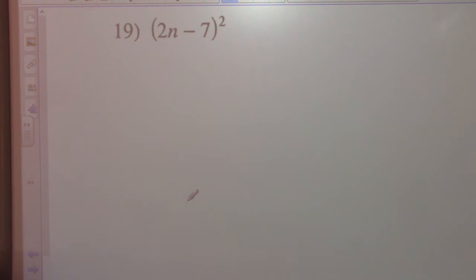Okay, she needs another minute on this. That's fine, I'm good for another minute. I got 4n squared plus 49.